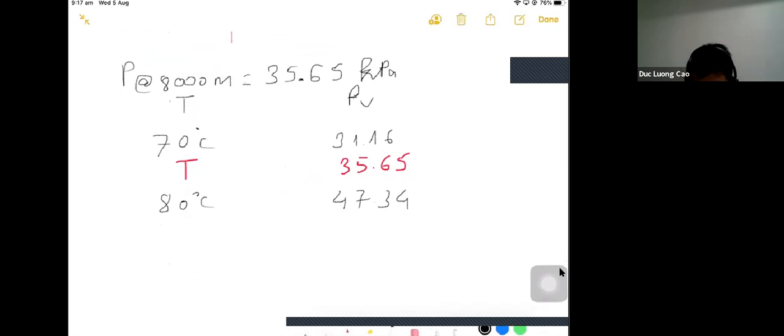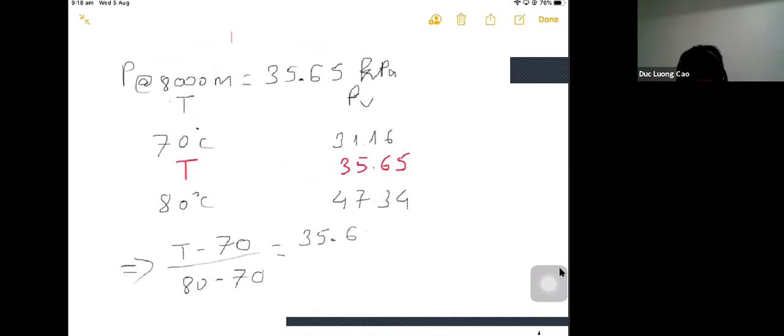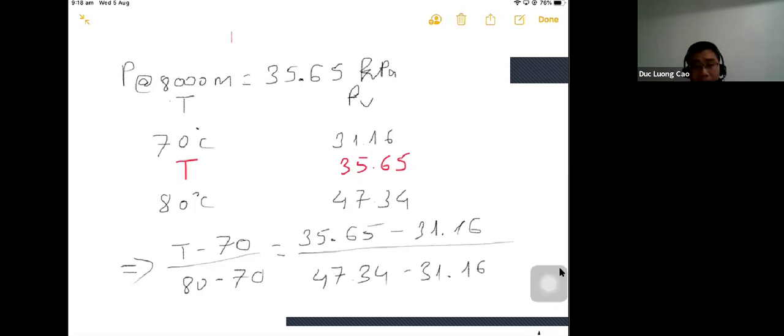So you will have (T minus 70) over (80 minus 70) equals (35.65 minus 31.16) over (47.34 minus 31.16). So from here you have the boiling temperature at 8,000 meter altitude.